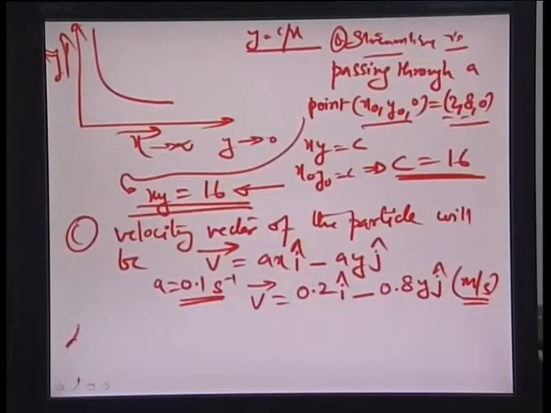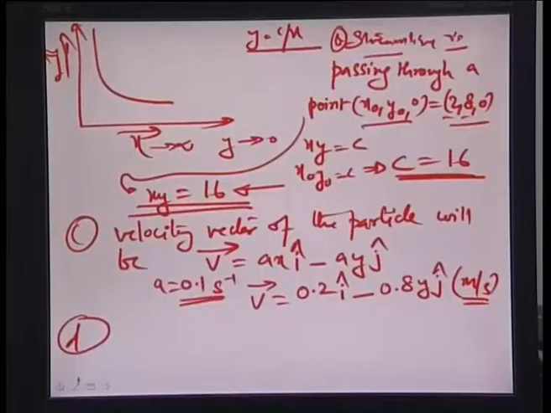Now, the next part asks that if the particle is passing through the point x0 y0 0 and it is marked at time t0 equal to 0, then we have to determine the location of the particle at time t equal to 20 seconds, and also we have to further determine what is the velocity at time t equal to 20 seconds. So, let us suppose that you are trying to move from the point on this xy equal to 16 to a new trajectory.